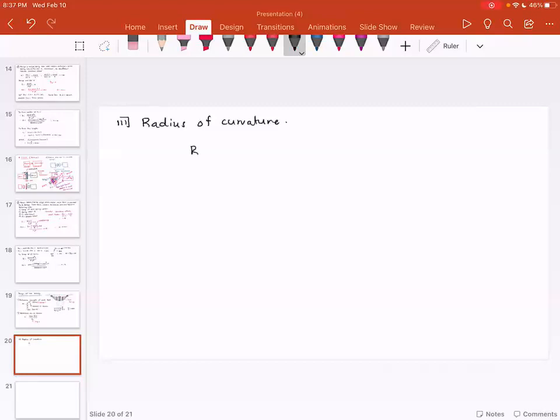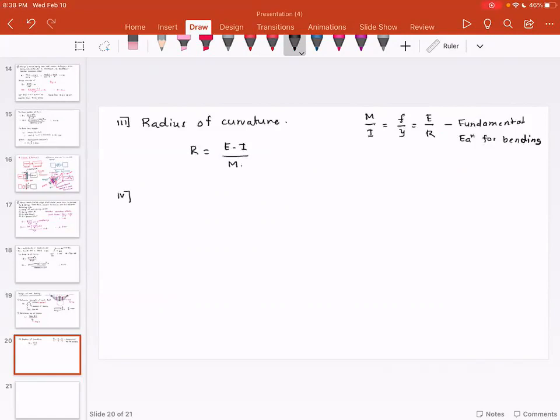And the equation for radius of curvature comes from M divided by I is equal to F upon Y is equal to E divided by R. This is the fundamental equation for bending. R is equal to E I divided by M.